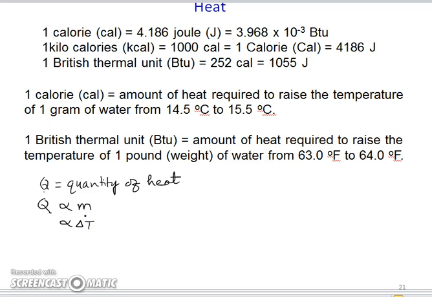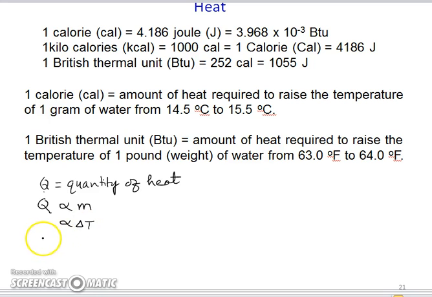For example, 1 kilogram of water raised by 10 degrees Celsius needs less heat than 1 kilogram raised by 20 degrees Celsius. Probably you will need twice that quantity of heat, because your delta T has doubled. So Q is proportional to mass, and Q is proportional to delta T.